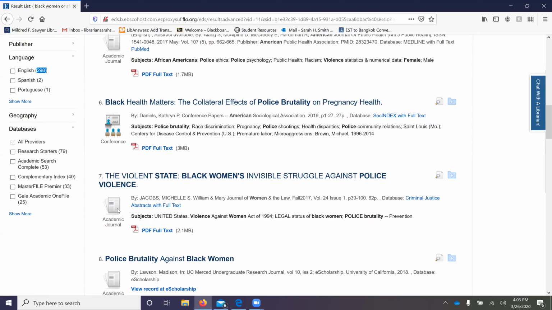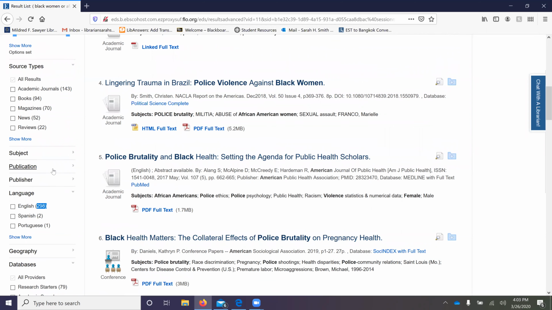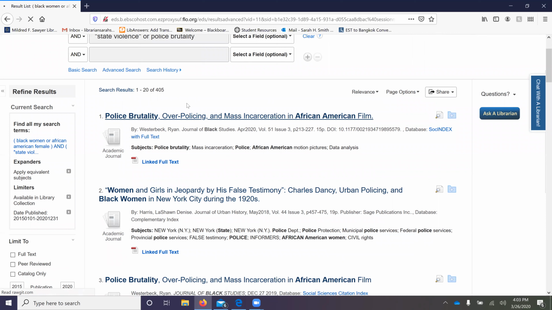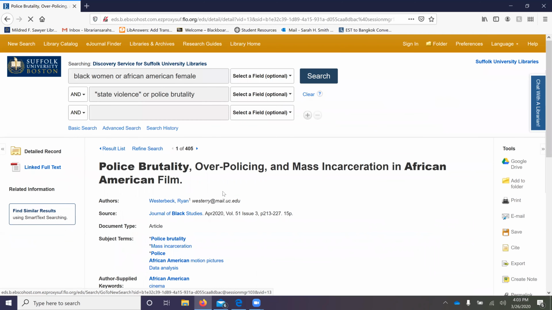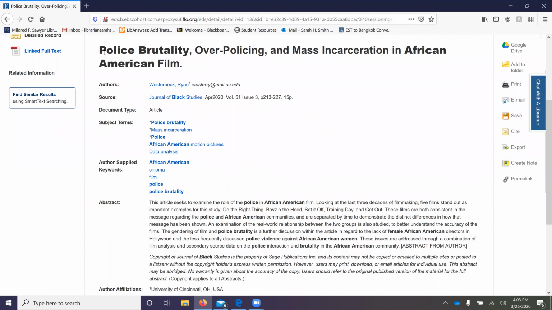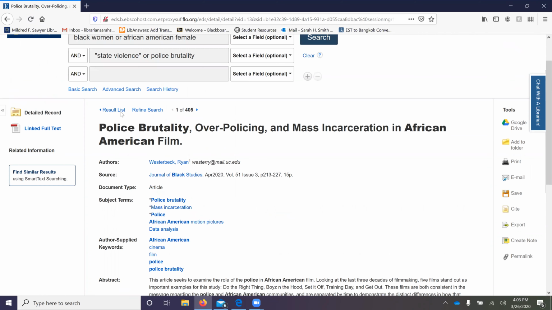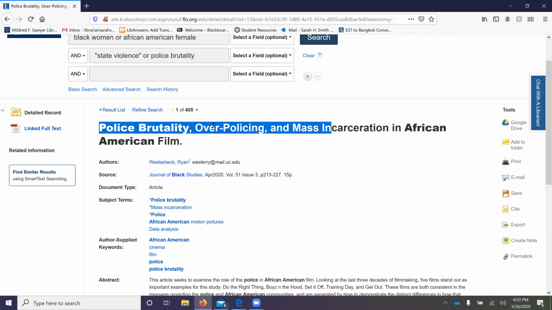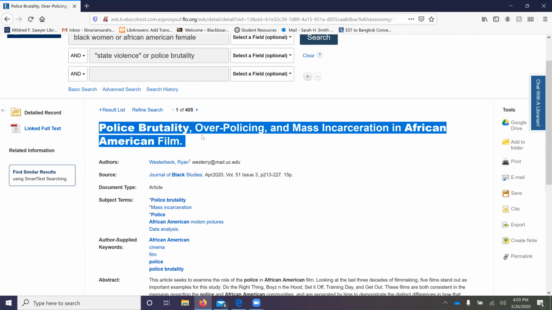So let's see. I'm going to go to this one. So here we have the record. The record contains a lot of important information. First and foremost is the title, which is right up top: Police Brutality, Over-Policing, and Mass Incarceration in African American Film.